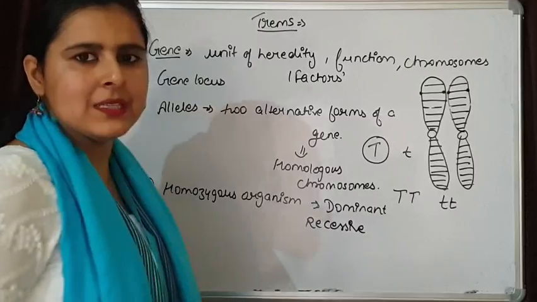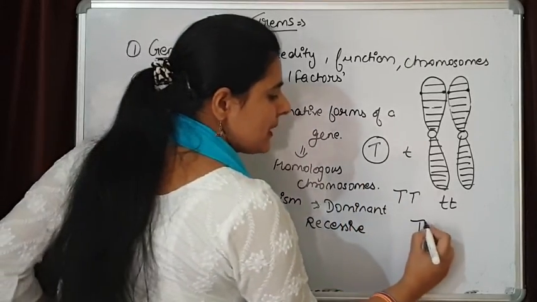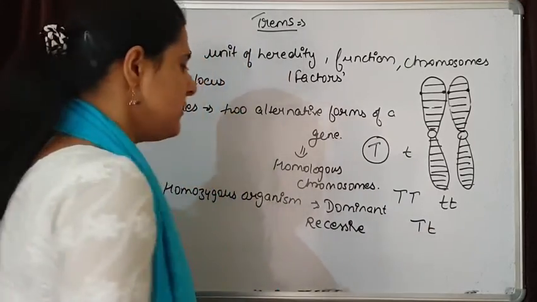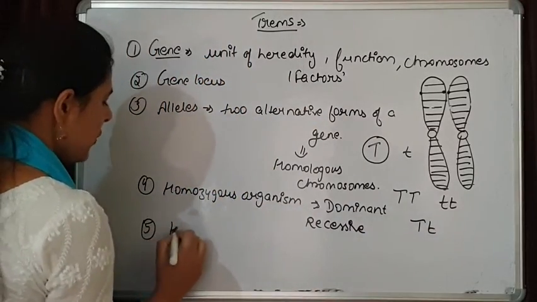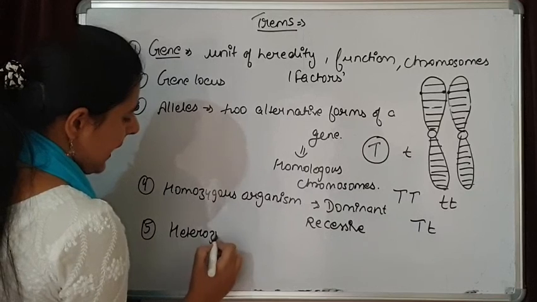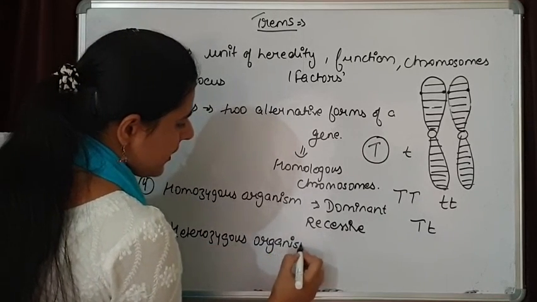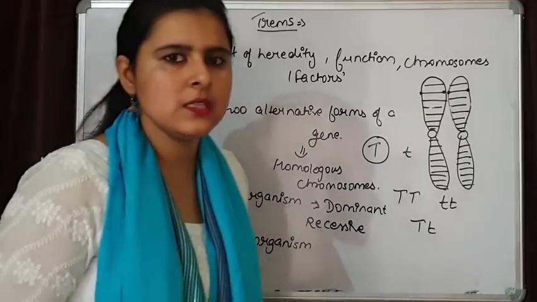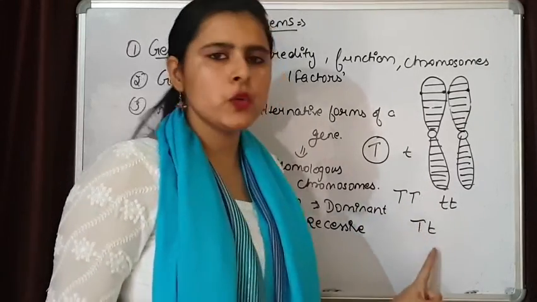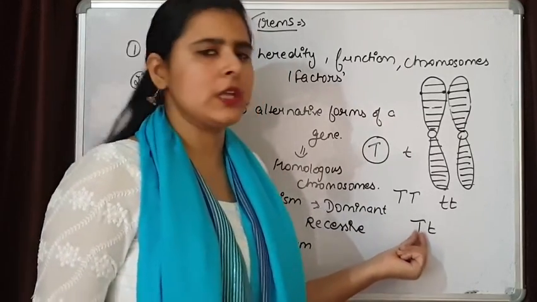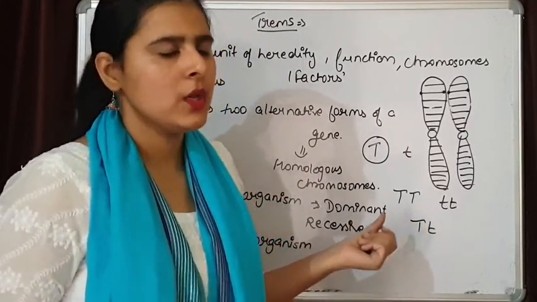Another possibility is that one is a dominant allele and the second one is a recessive allele. If this is the situation, the organism is a heterozygous organism. A heterozygous organism has two different types of alleles, and the expression will always take place of the dominant one.